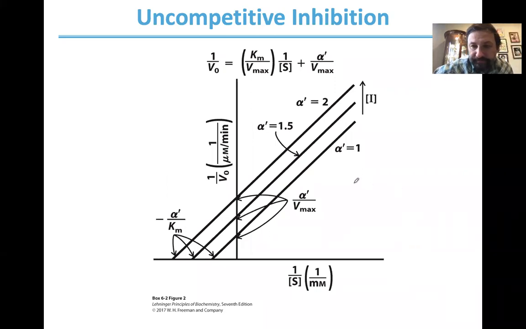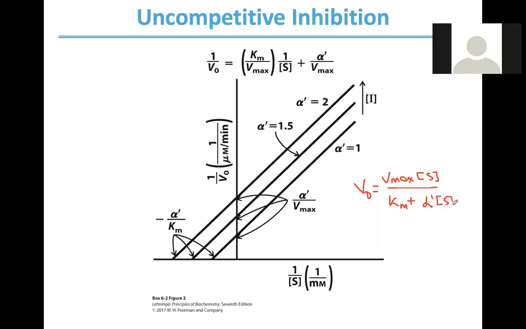Let me draw this: V naught, Vmax, substrate concentration. So in this case, it's going to be alpha prime. Alpha prime.